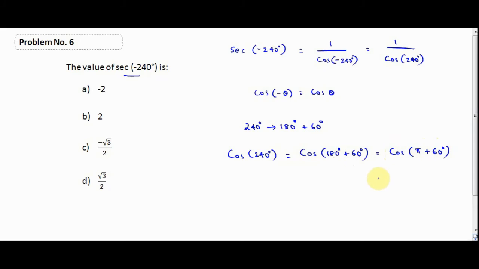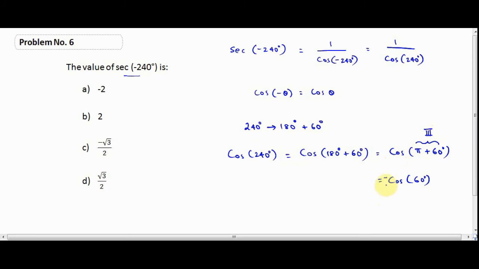Now let's apply the method we studied. Here we have pi, so it's a multiple of pi, and therefore there is no need to change the function. Cos will remain as such. Then the angle pi plus 60 degree we replace with 60 degree, and then we have to assign a sign, plus or minus, depending on the quadrant in which this angle belongs. The quadrant is the third quadrant. In the third quadrant, the cosine function is negative, so we apply a minus sign here.